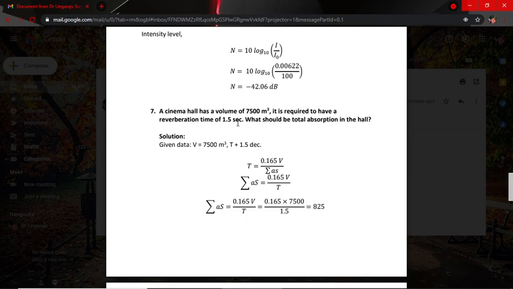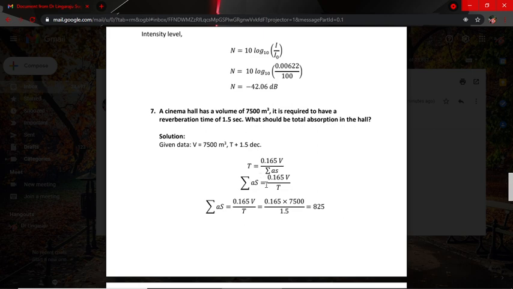So we have to calculate the value of T, which is equal to 0.165 V by sigma of AS. So what should be the total absorption?